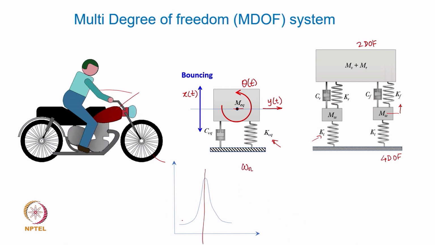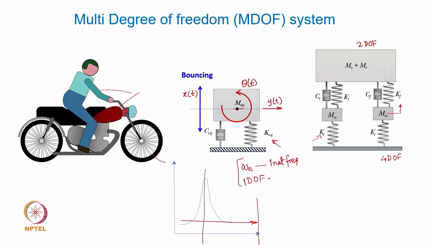So, irrespective of your excitation frequency, if you scan through the entire operating speed range, you will encounter one resonance in this case, because 1 degree of freedom system, 1 natural frequency and 1 resonance. And this entire system will obviously have one governing equation of motion, okay.